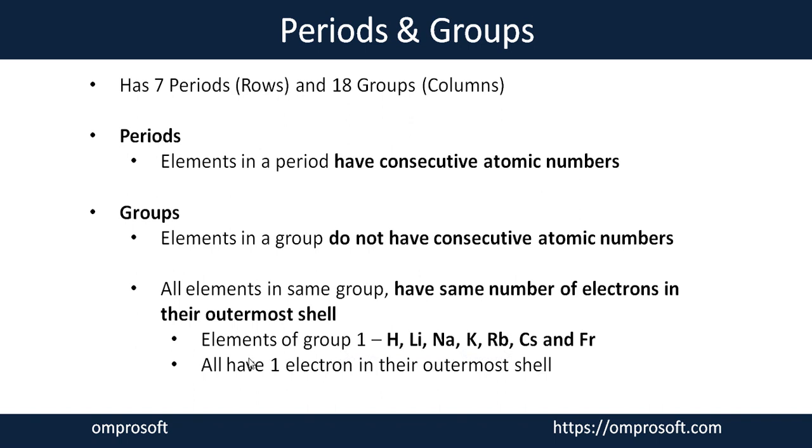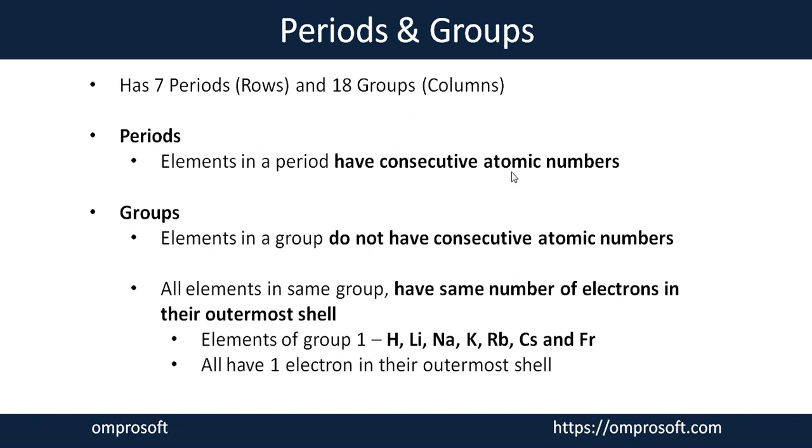And all elements have one electron in their outermost shell. The same thing happens with group number 2. All elements present in group number 2 have two electrons in their outermost shell. So this kind of similarity is present in the elements which are present in the same group.